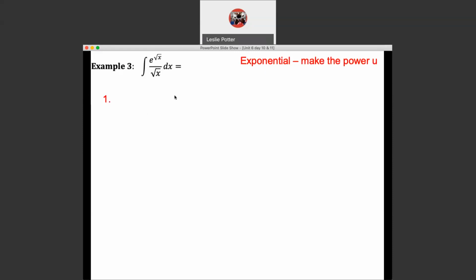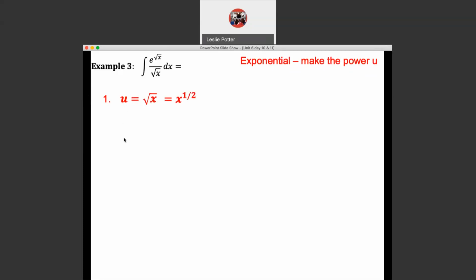Now, the tricky thing here is that if we call u the square root of x, then this is e to the u. And we have to look at this in the denominator as a derivative, because it's really 1 over the square root of x, and that is the derivative of the square root of x. Remember, we do a power rule on this. Let's differentiate this.